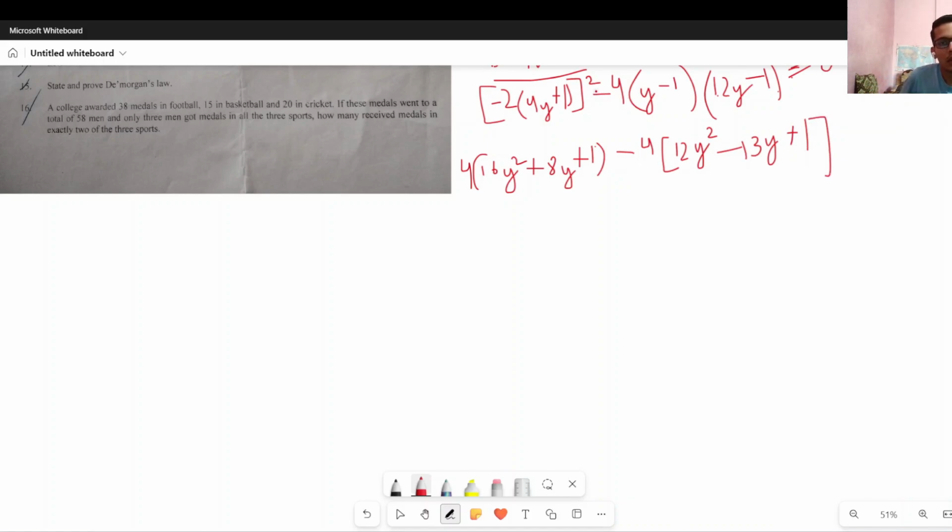I hope I multiplied correctly. Let's just take here y and y. 12y square, okay. Then negative y, and then negative 12y, negative 13y, and then negative 1 plus 1. This whole expression is greater than or equal to 0.